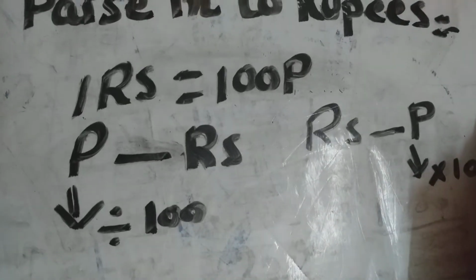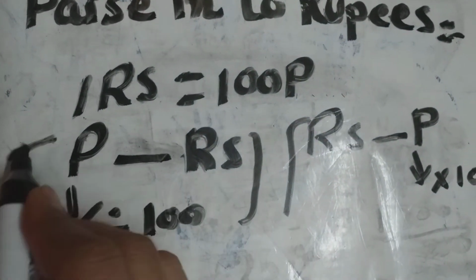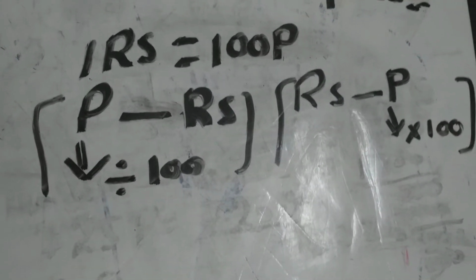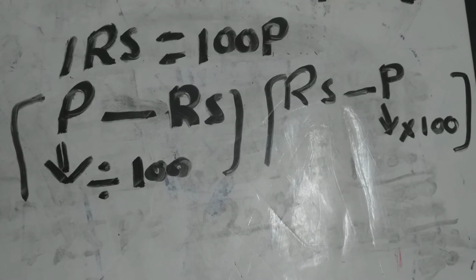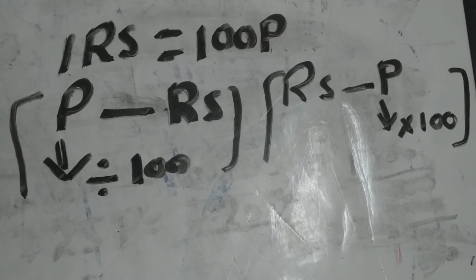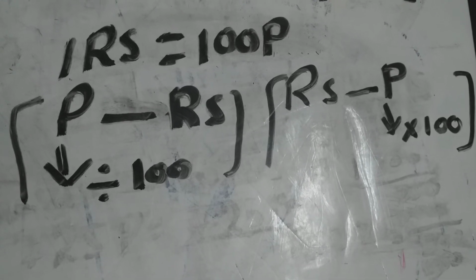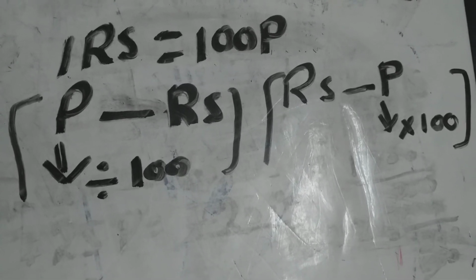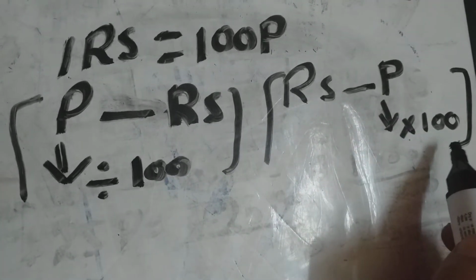So girls, these are two rules for the conversion of paisa into rupees and rupees into paisa. If we want to convert paisa into rupees, we must divide by 100, and when we want to convert rupees into paisa, we must multiply by 100.